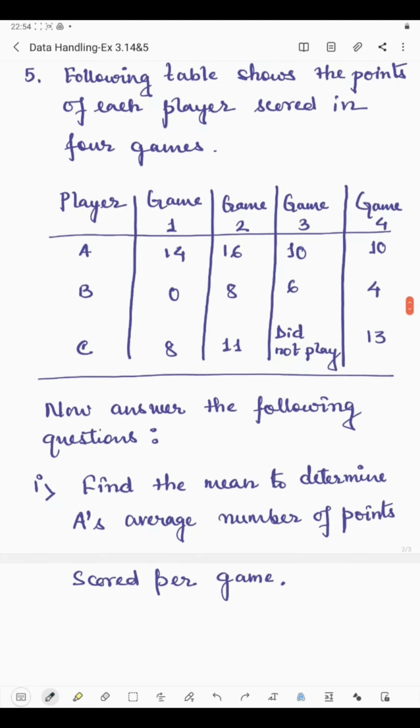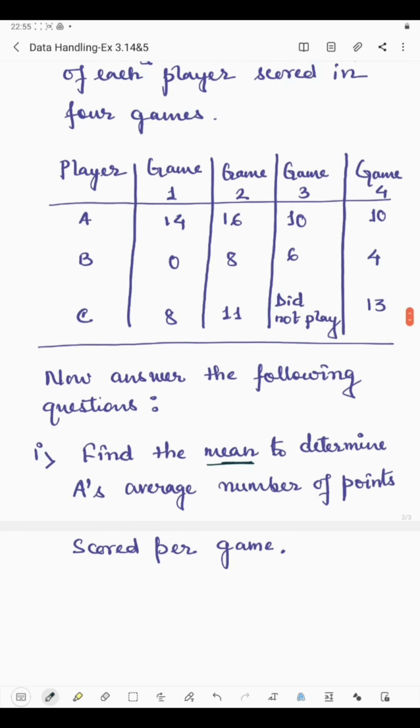In the first part we have to find the mean to determine A's average number of points scored per game. Mean means average, the sum of all observations divided by the number of observations.